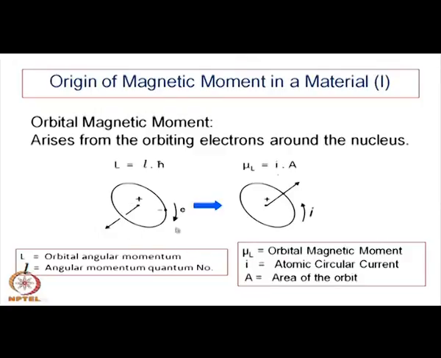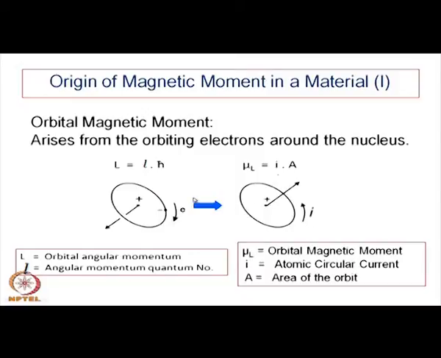So, this is one kind of motion of the electrons which gives rise to the magnetic dipole moment, and that can be expressed as L, the orbital angular momentum, equal to the angular momentum quantum number L multiplied by h bar, h is the Planck's constant, or in other words mu L, the dipole moment, is equivalent to I into A. I is the current flowing and A is the area.